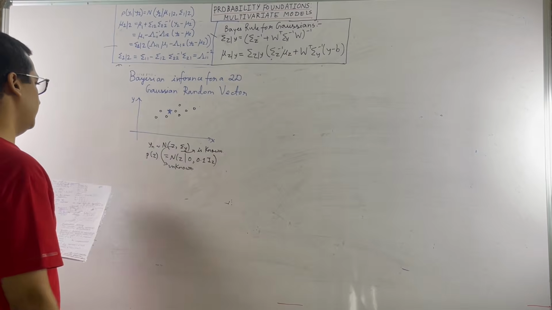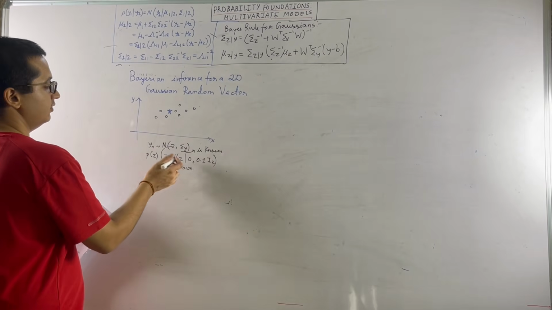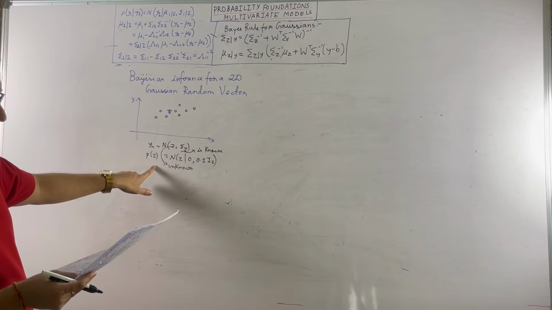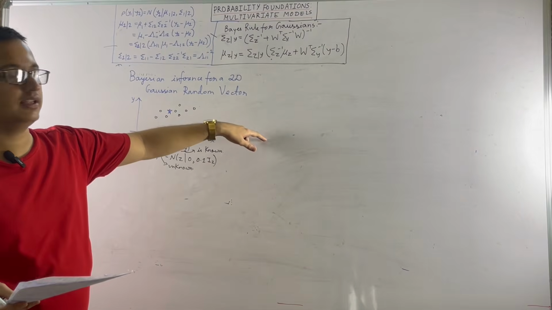And yn is this. So we assume z with some value, compute p of z, and then compute posteriors based on what we did in the last slide.